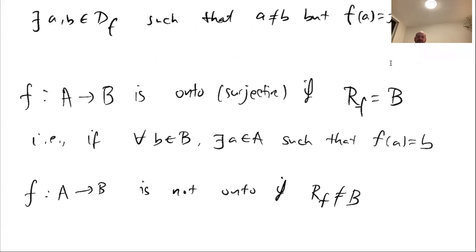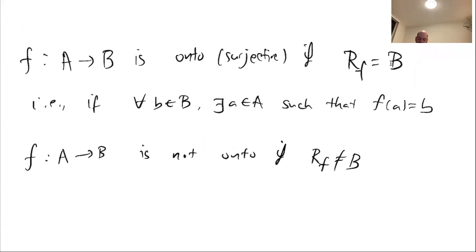And when can I say that the range of f is not equal to B? Because remember, when we have a codomain, the range is always a subset of the codomain. So that direction always holds. However, the codomain may or may not be a subset of the range. So if it's not, then we say the function is not onto. So when can I say that the codomain is not a subset of the range?